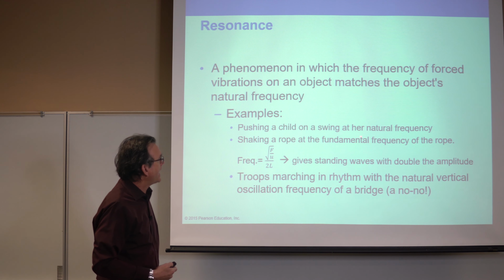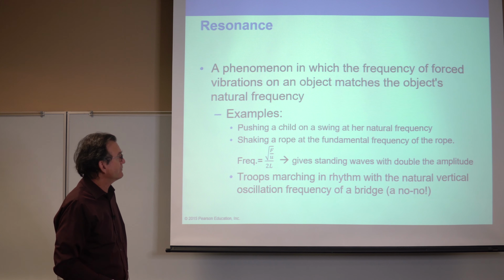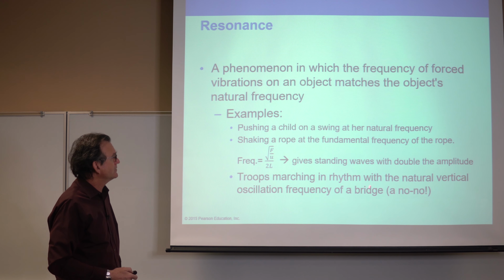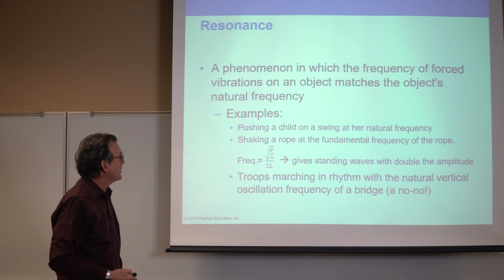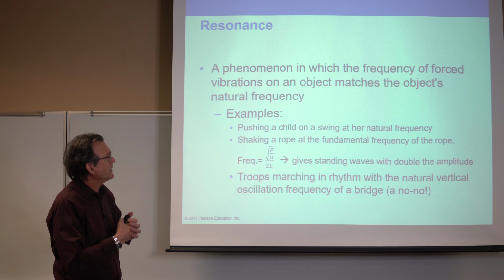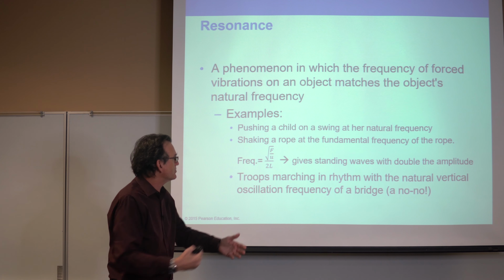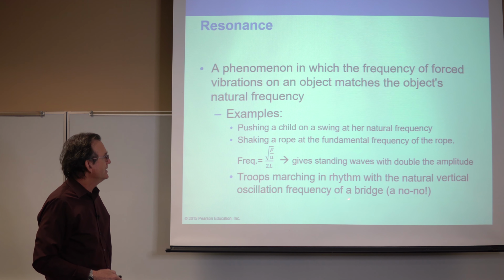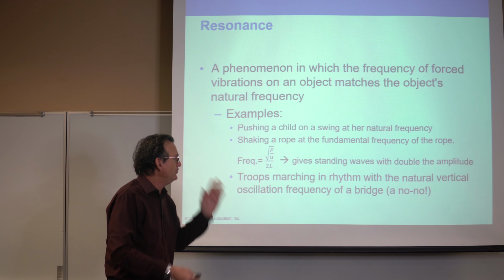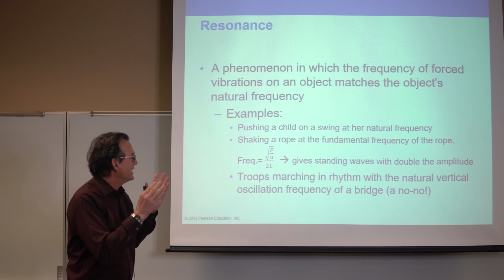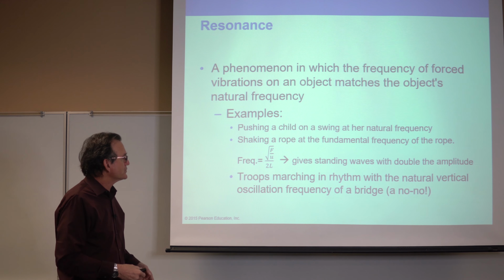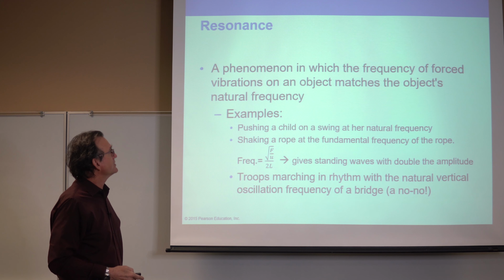And by shaking the rope at the fundamental frequency, or twice that frequency, or 3 times that frequency, we can double or increase further the amplitude of the wave. So in a resonance, we're amplifying the effect of the displacement. Troops marching in rhythm with a natural vertical oscillation frequency of a bridge, digging their heels in hard, in unison, will produce a large vertical force that will obviously cause extreme damage.